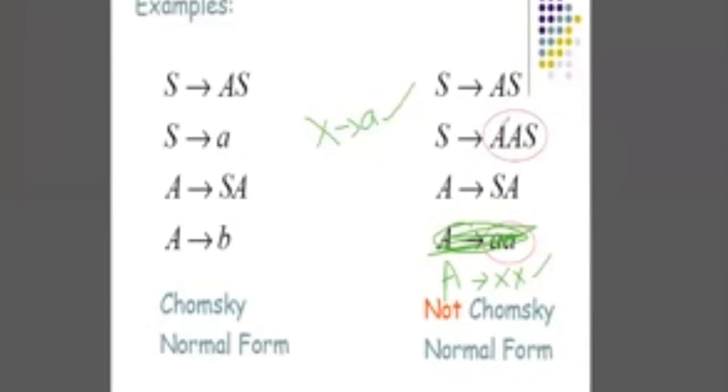So next, suppose I have AA, no? These two AAs, I'll combine together and call it VA, a new variable. So now I can add that new production VA tends to AA, which is in Chomsky normal form, where you have one non-terminal symbol giving you two non-terminal symbols. And finally, these two AAs will be changed to VA, where one non-terminal symbol is giving you two non-terminal symbols.